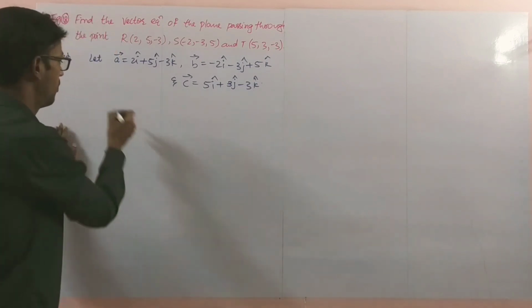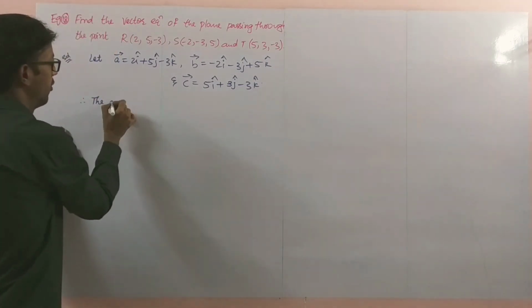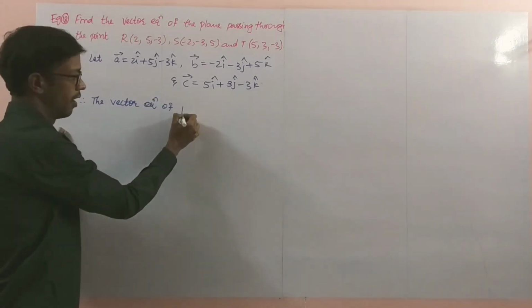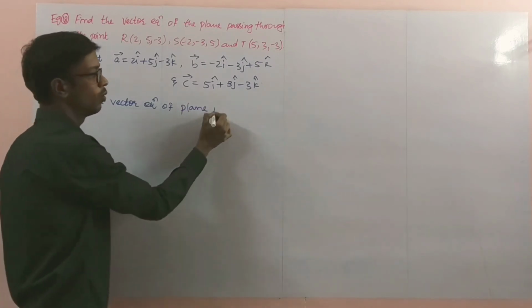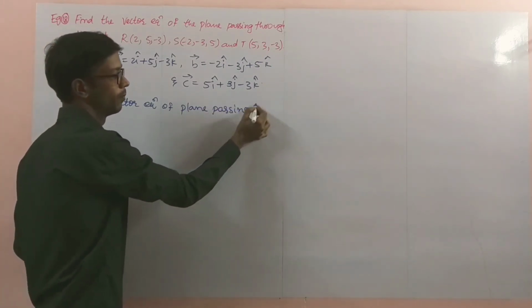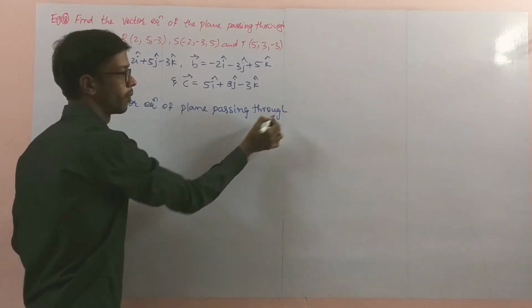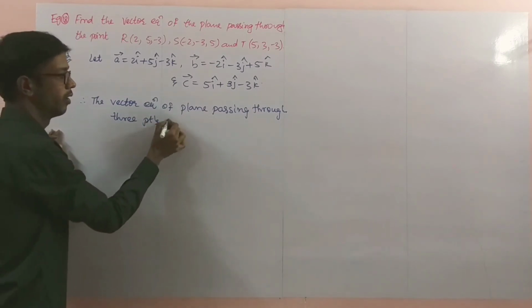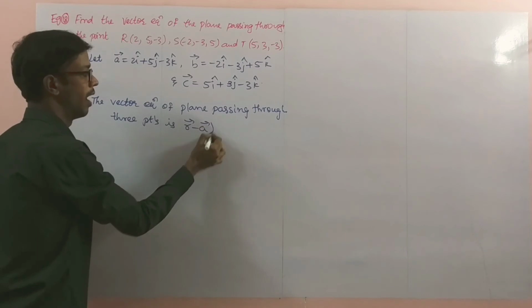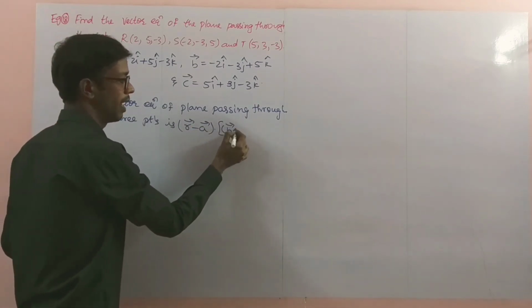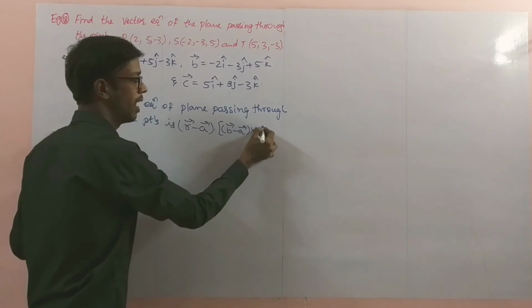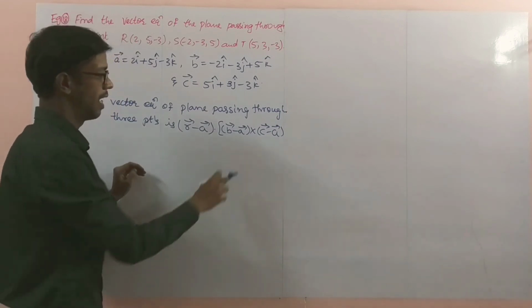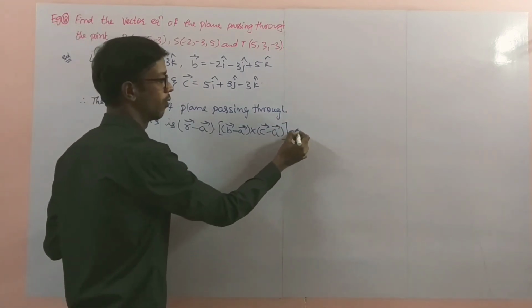The vector equation of plane passing through 3 points is r bar minus a bar dot of b bar minus a bar cross c bar minus a bar equal to 0.